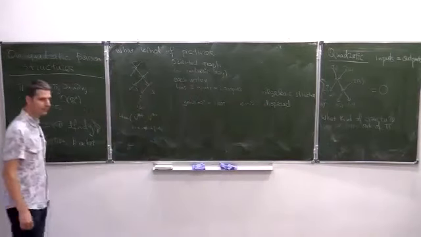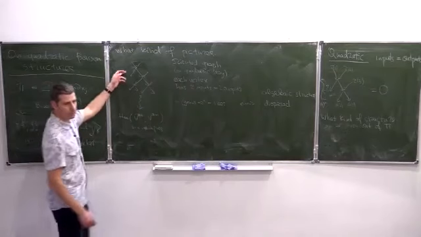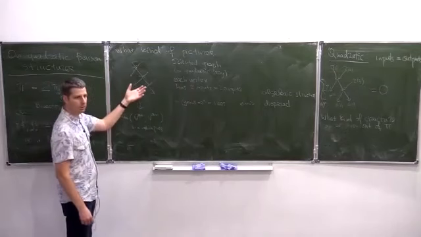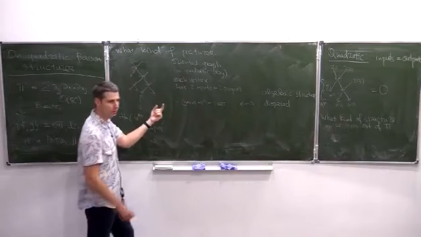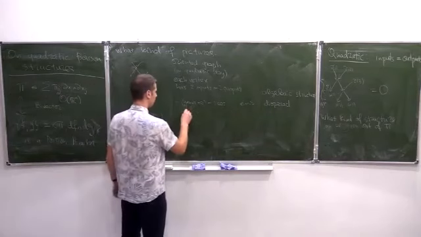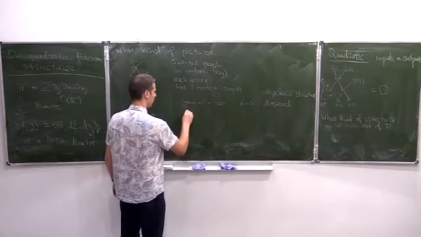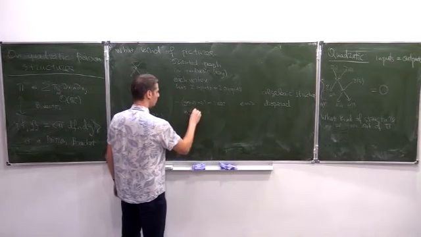What is genus? The genus of a graph: you look at the graph, the first Betti number, the loops in the graph.